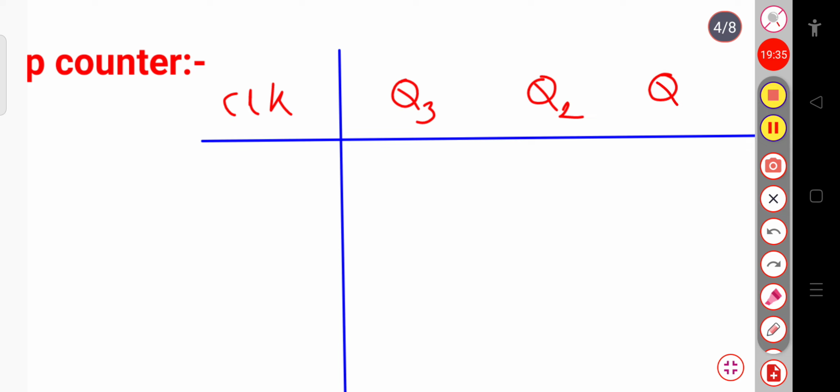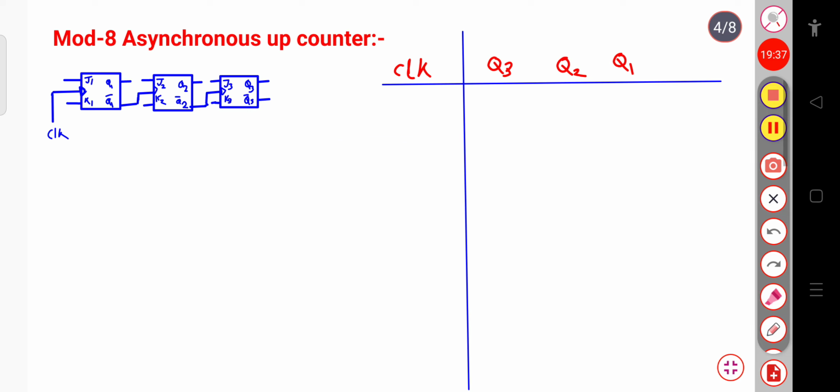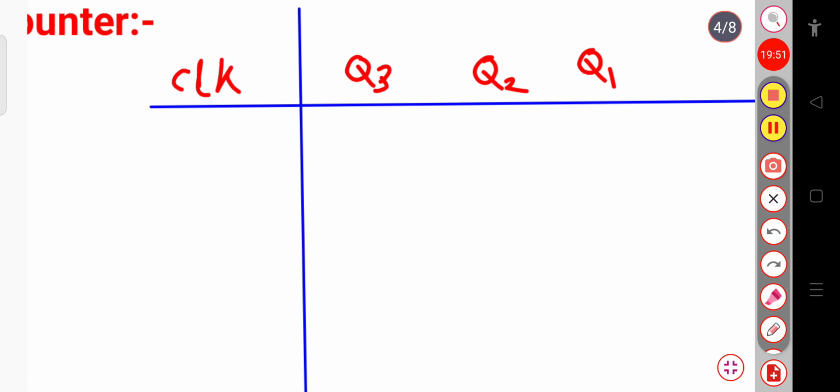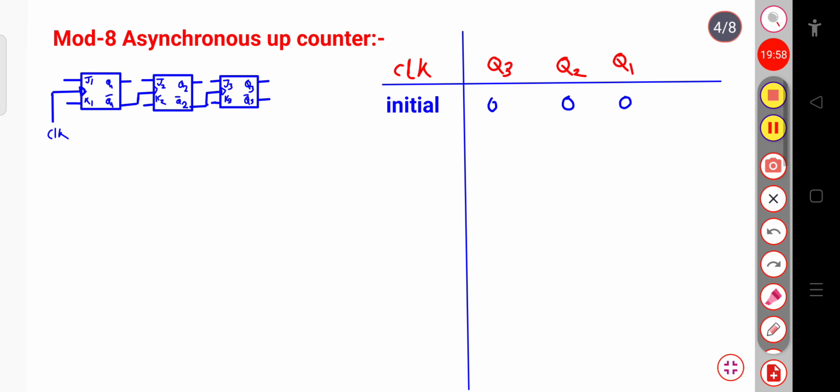We keep in mind that the JK flip-flop always works in the toggle condition. For the initial condition, when the clock is given, the initial value will be 0 0 0. So the Q1, Q2, Q3 values are all 0.